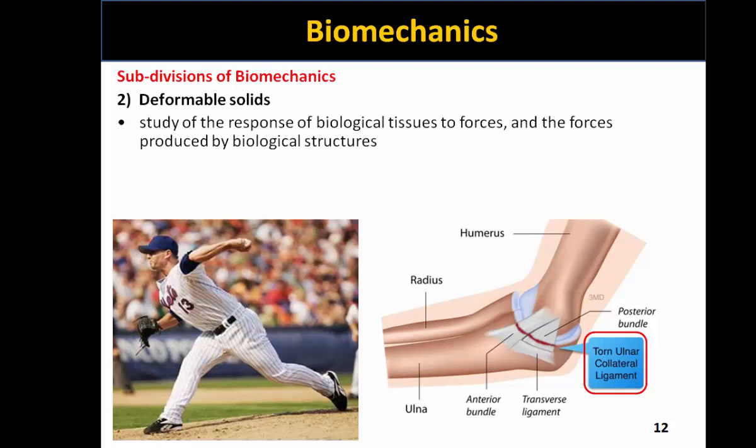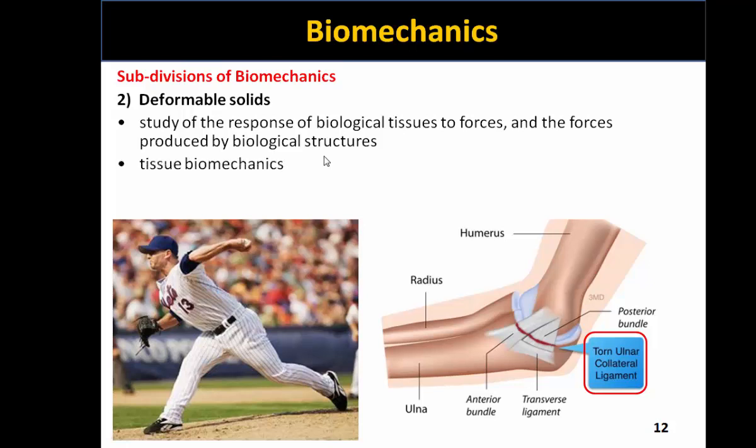The second subdivision of biomechanics is this area called deformable bodies. Now we know in reality that different parts of the body, the different tissues, do in fact undergo a change in shape. So what we're really studying in this subdivision is how biological tissues respond when they have forces imposed on them, and when those tissues undergo a change in shape, what kind of forces those tissues generate on other biological structures.